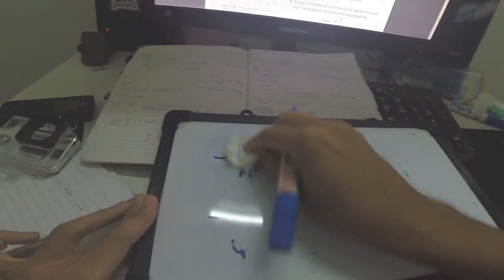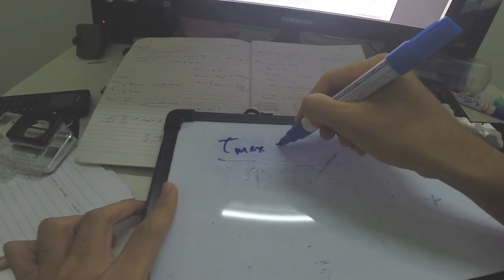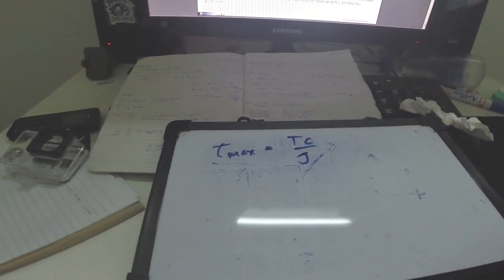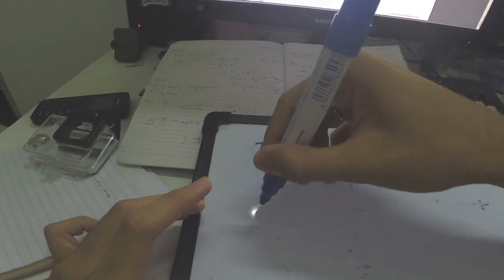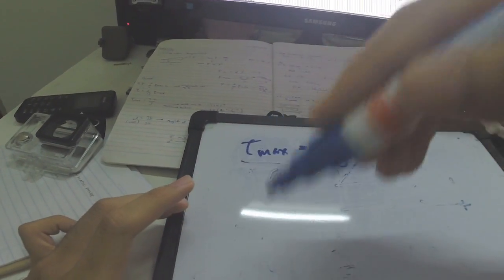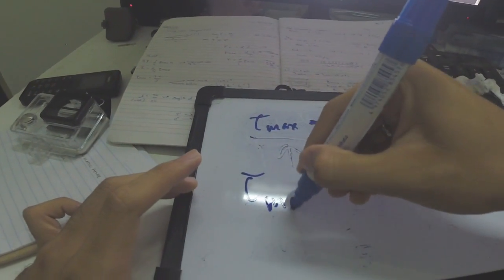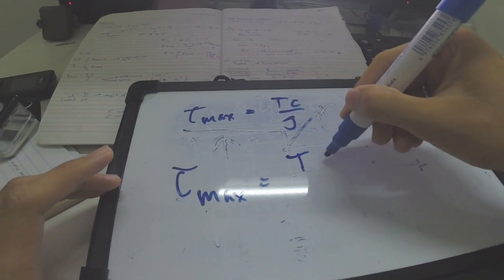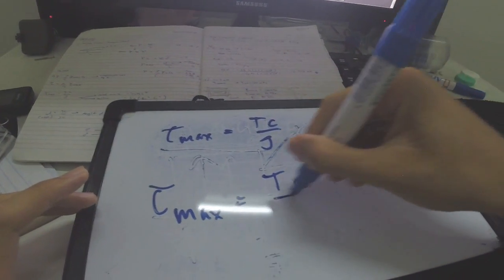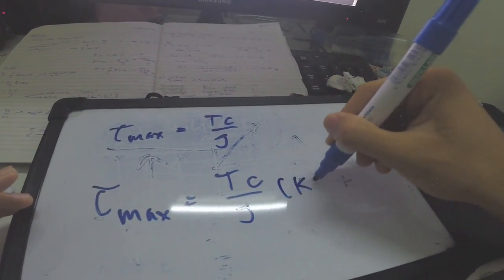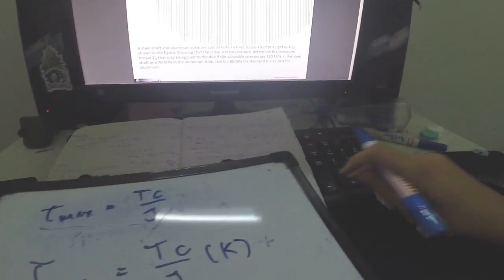As we know, the formula before is tau max equals TC over J, right? So if there is a change in the shaft, we have a new formula. Tau max is equal to TC over J times K.